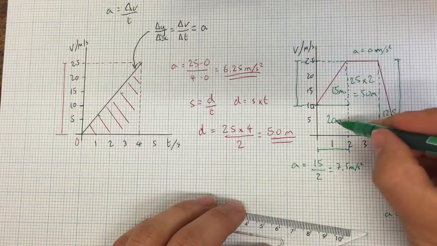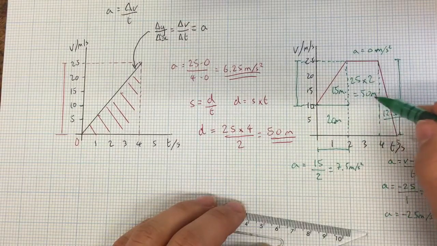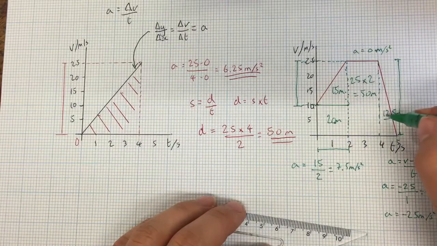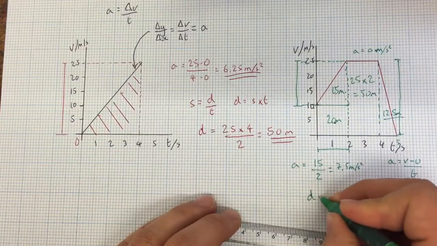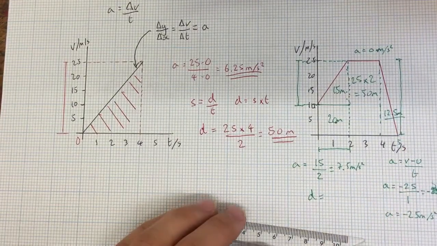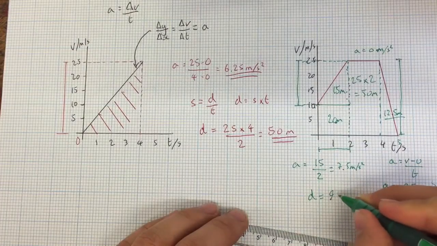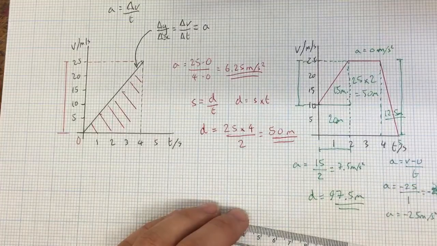And then I add them up, so it's going to be 15 plus 20, which is 35, plus 50, which is 85, plus 12.5. So the total distance travelled in this graph is 97.5 metres.